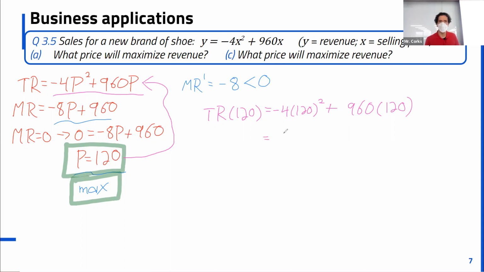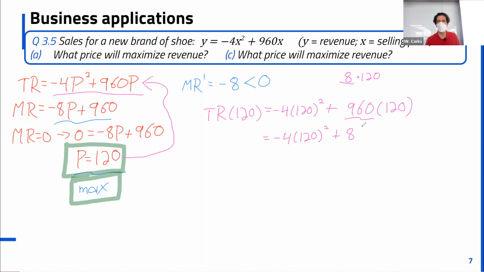My way of doing this again, it's a quadratic equation, so there's always kind of a symmetry with it. So this is -4 times 120 squared. And this 960 would be what times 120? 8.